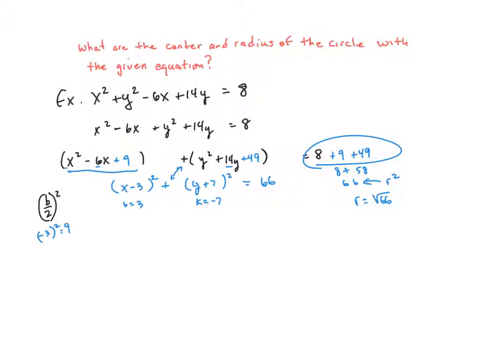So my center is going to be 3, -7. And then my radius is going to be the square root of 66. And that is using completing the square to come up with that equation for a circle.